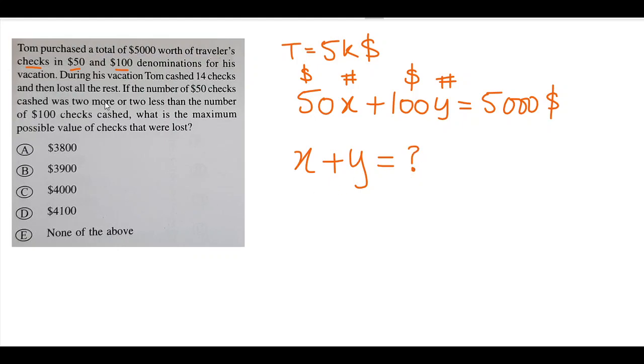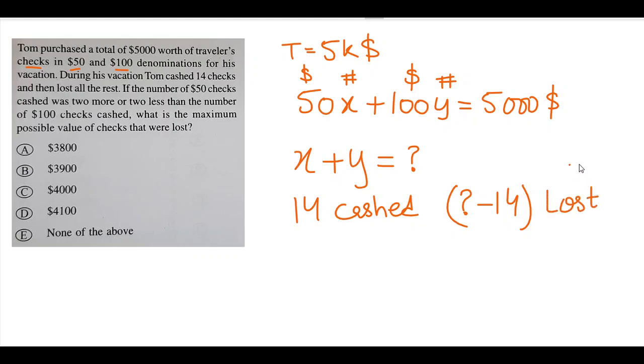So out of this question mark, 14 were cashed, and question mark minus 14 is something that he lost.